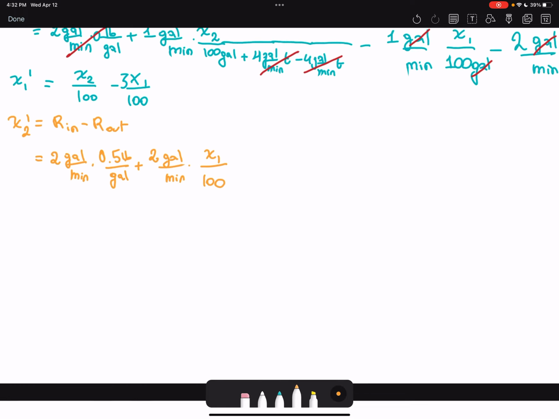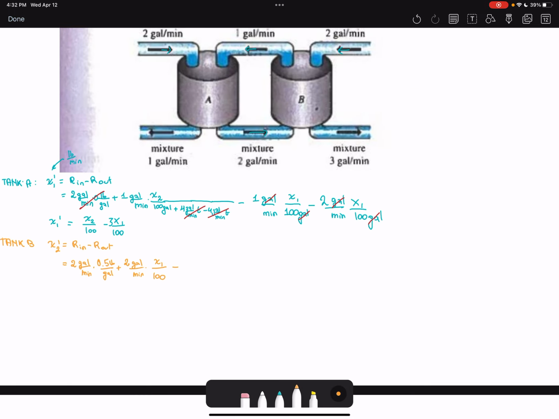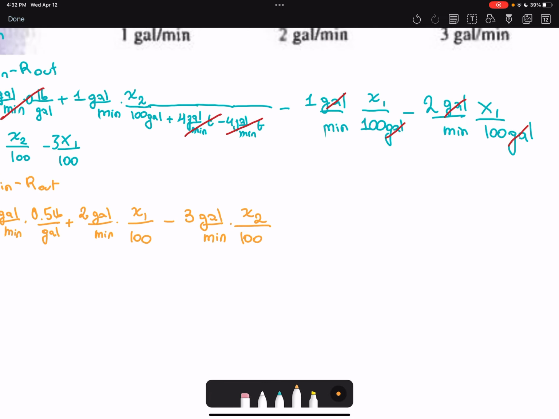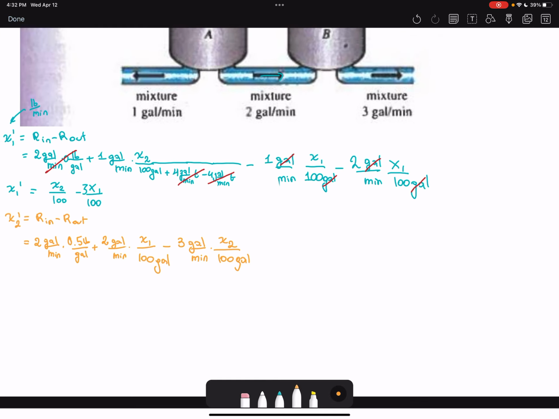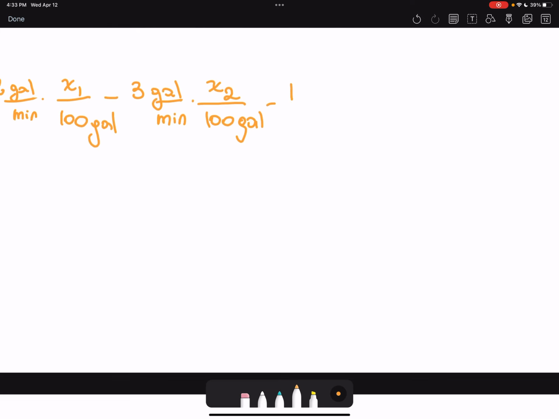Okay, and now we're going to have the stuff that's coming out of it, which is going to be 3 gallons per minute at the concentration of the tank in B, because that's where the water is coming from. So here we have gallons and here we have gallons. And then we have this one at the top, which is 1 gallon per minute at the concentration, again, of the tank B, because that's where the water is coming from.